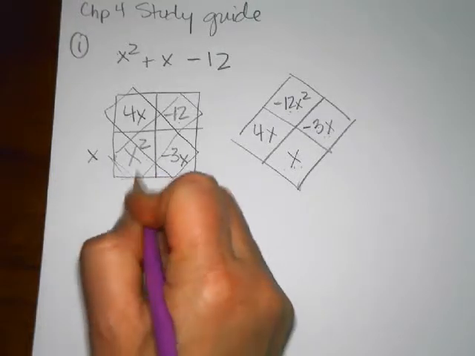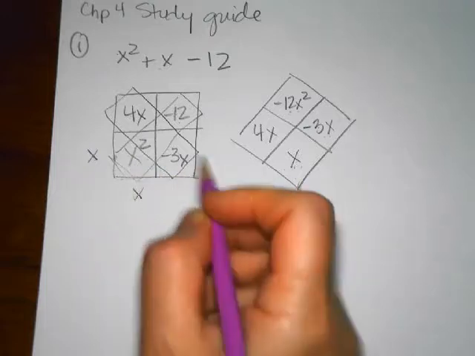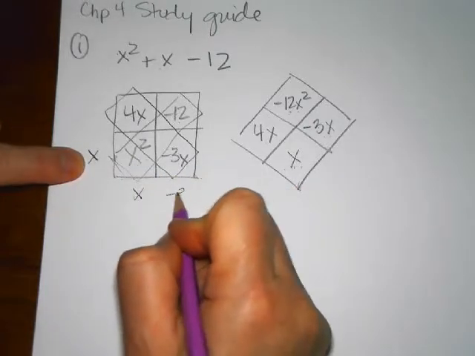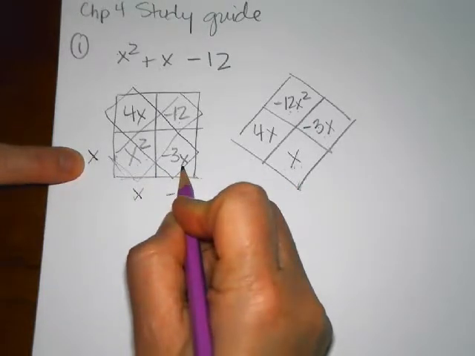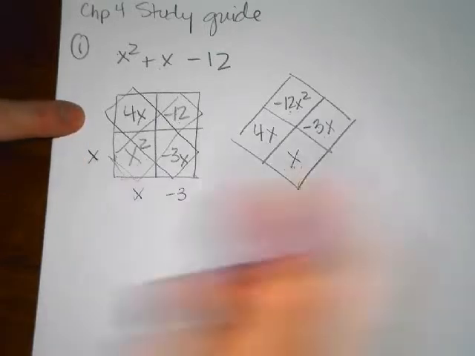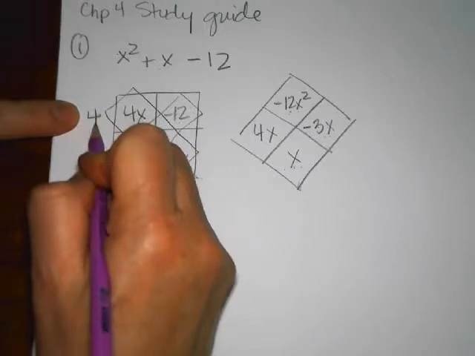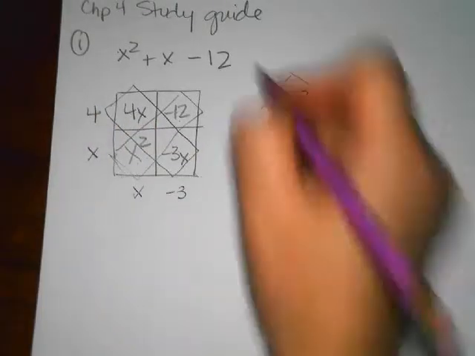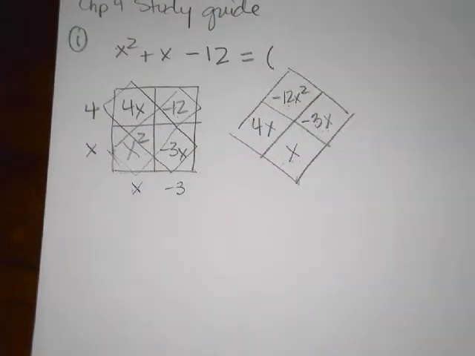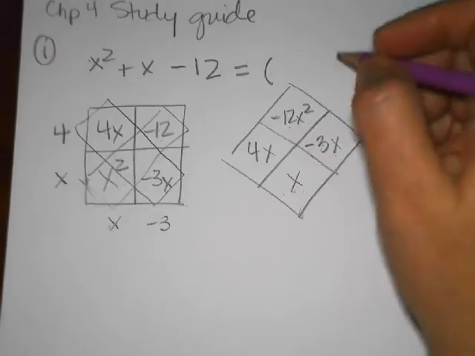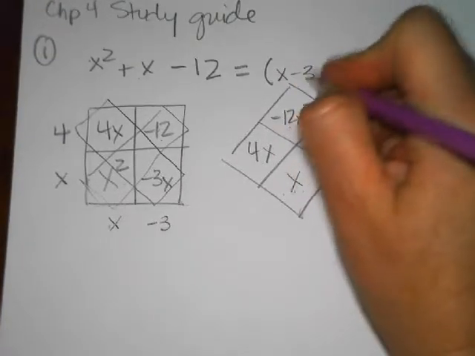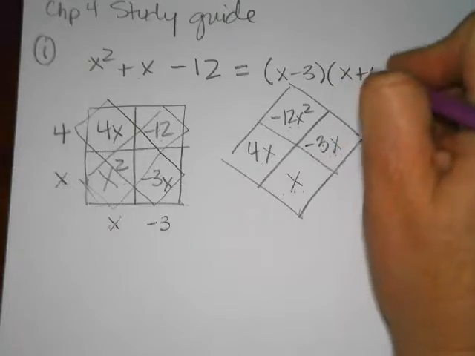X times x is x squared. X times negative 3 is negative 3x. X times 4 is 4x. So this factors into x minus 3 times x plus 4.